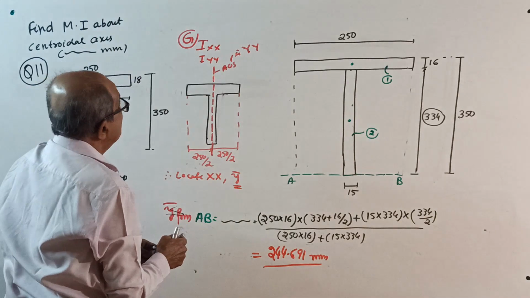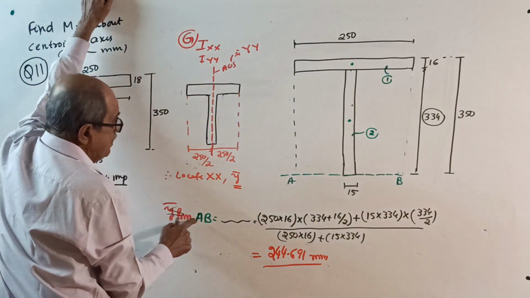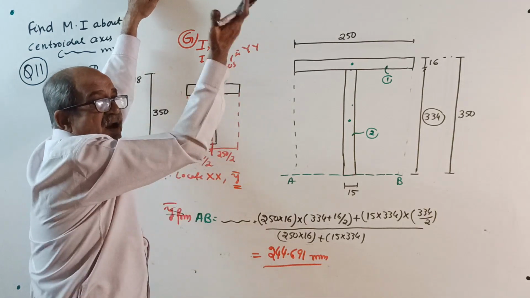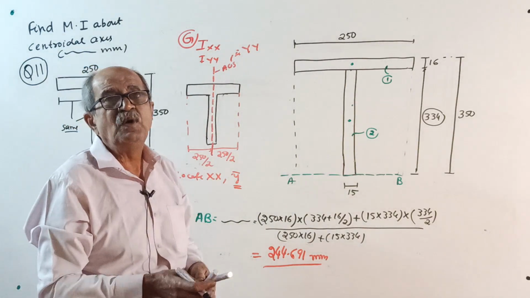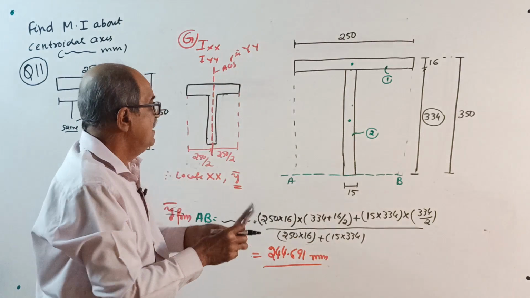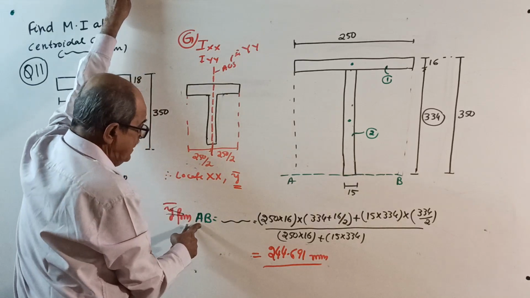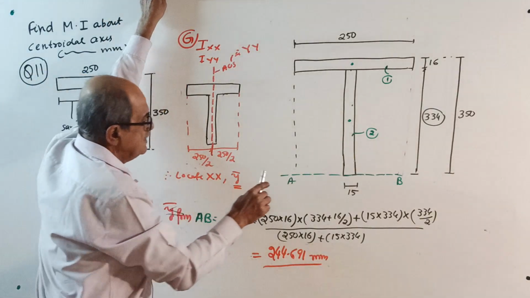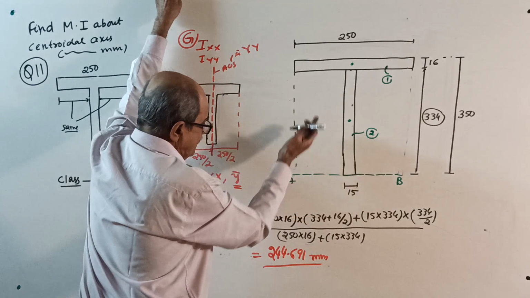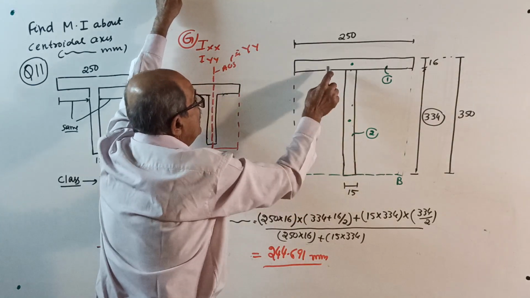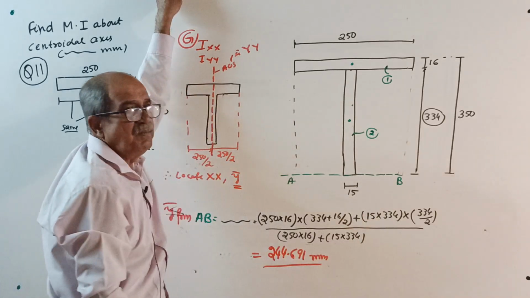Okay, start. Write the statement: Y bar. Origin O, OX, OY are not required, only Y bar. Consider the bottommost edge AB as reference. AB is our name. Y bar equals A1Y1 plus A2Y2 divided by A1 plus A2.